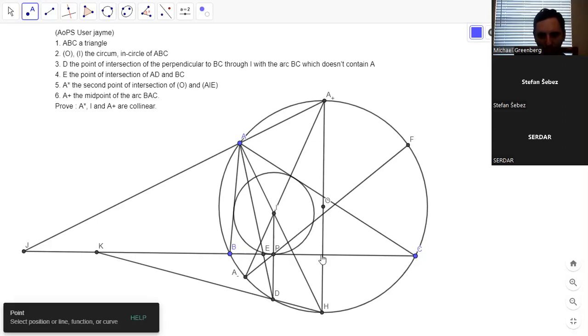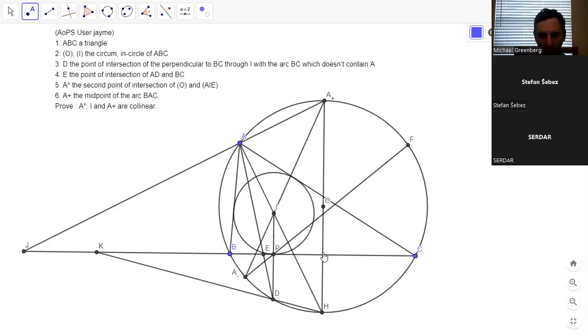Yeah, you can invert, because inversion about the circle centered at H with radius HB swaps this circumcircle and line BC. Here's a way, I think this is equivalent to inversion: A plus, L, D, K is cyclic because angle A plus DK is 90 degrees.